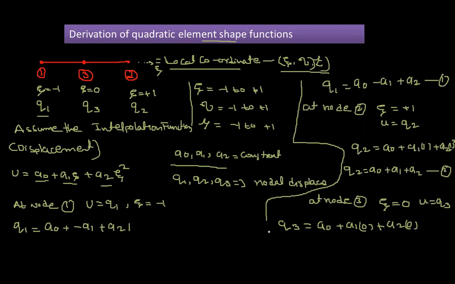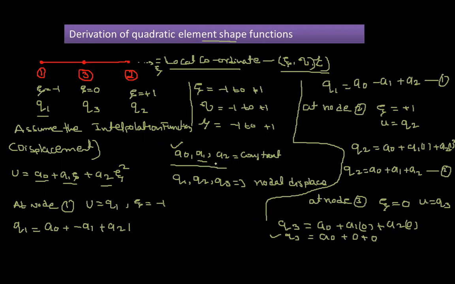So this equation can be written as a naught plus a1 times 0 plus a2 times 0. Therefore q3 will be equal to a naught. At this point I know one constant value, that is a naught.